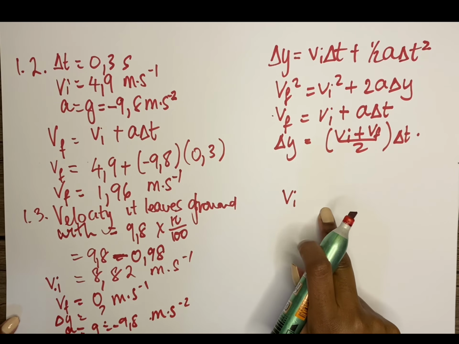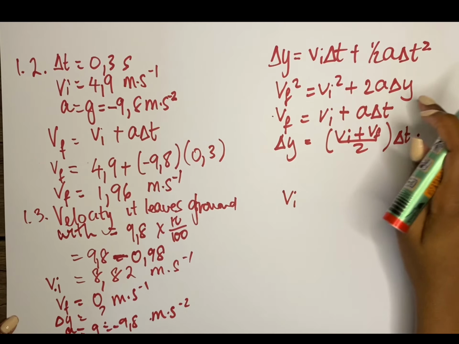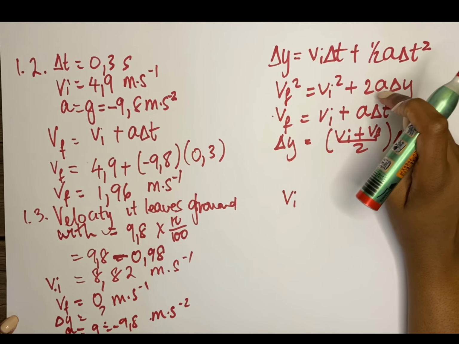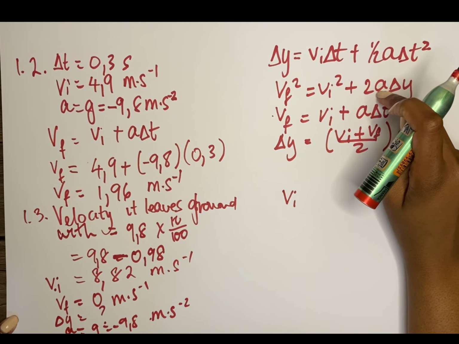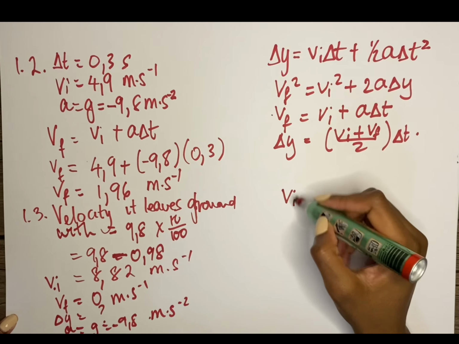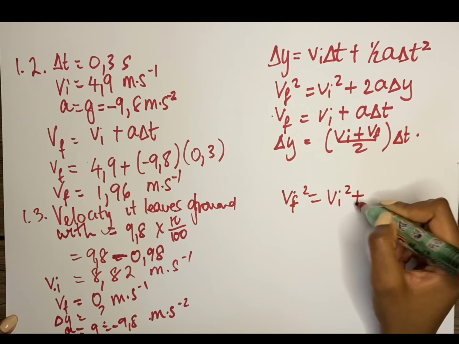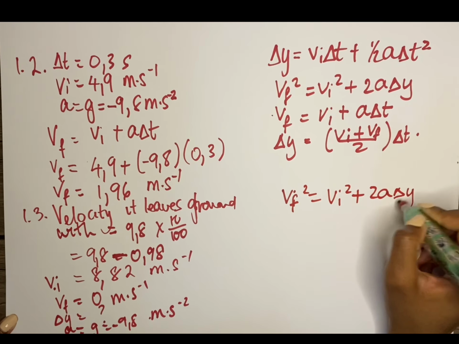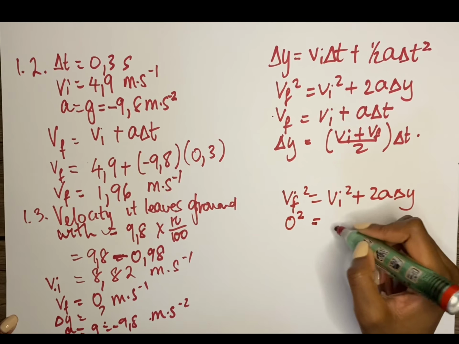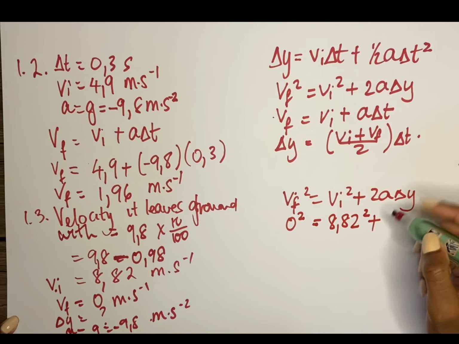Let's calculate here. You can calculate your delta Y. So you go back to your equations again. You have your final velocity, your initial velocity, and your acceleration, and you can solve for delta Y. So you can use the second equation, vf squared equals vi squared plus 2a delta Y. So your final is 0 squared. Your initial is 8.82. It's positive because it's upwards.